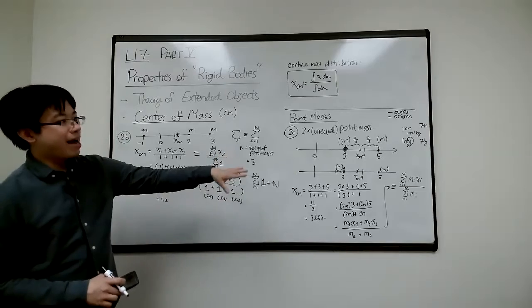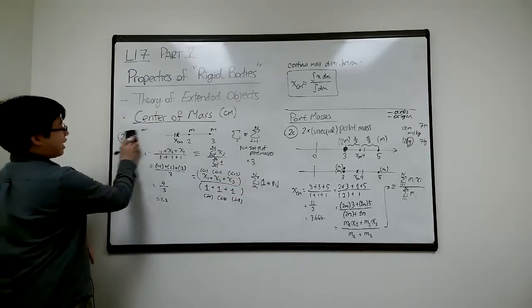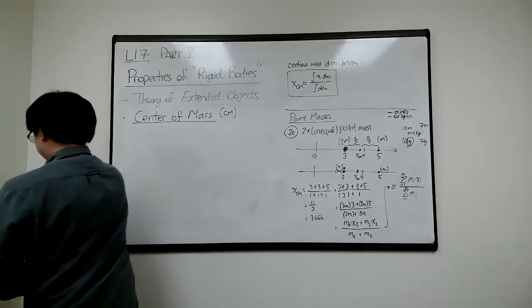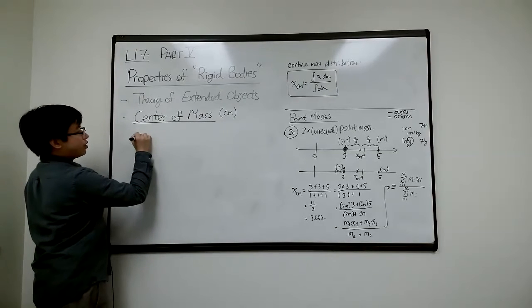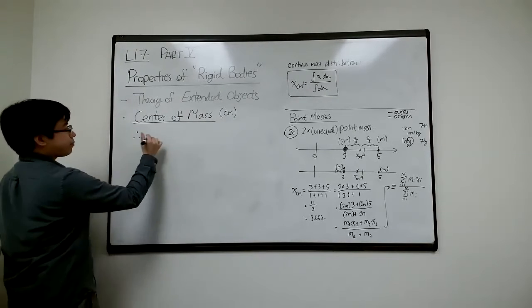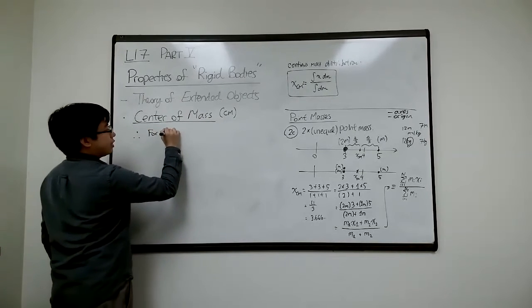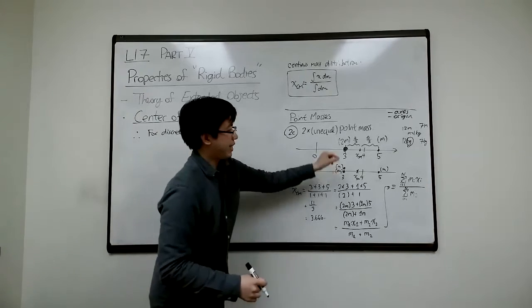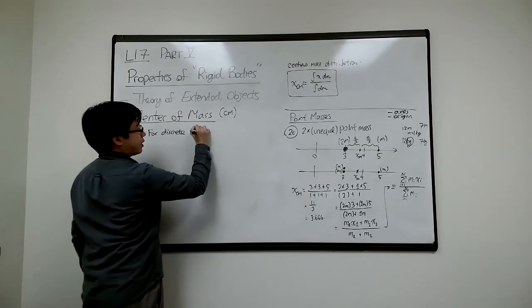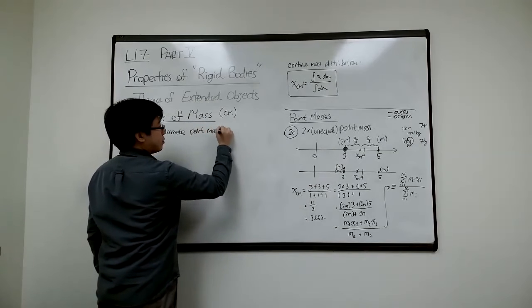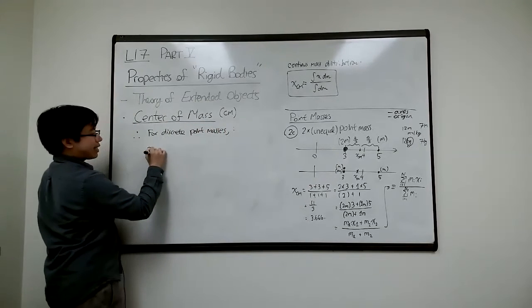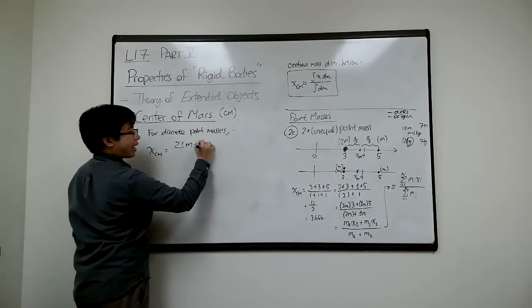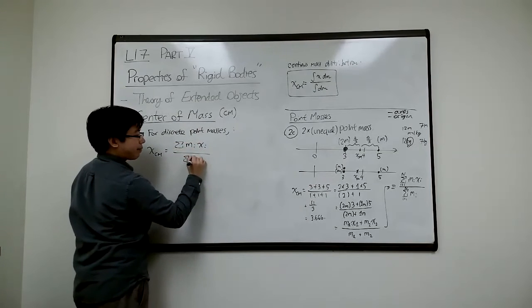So if there's a number of masses, and let me summarize that over here. So therefore, if we have discrete point masses, where discrete just means it's not continuous, you can actually count them. For discrete point masses, the center of mass, x_cm, is the sum of m_i x_i over the sum of m_i.